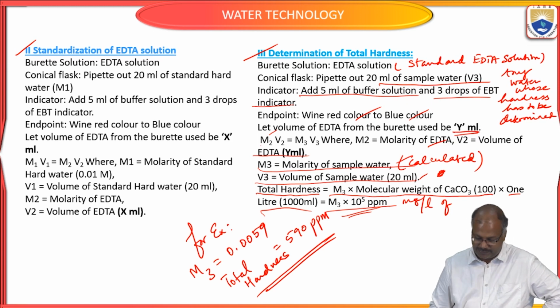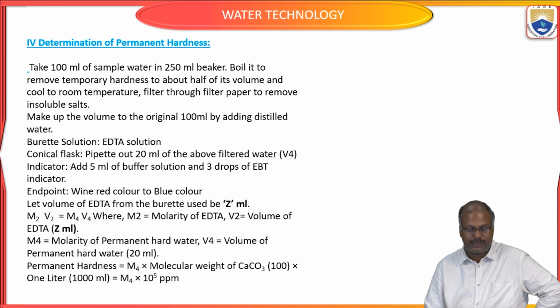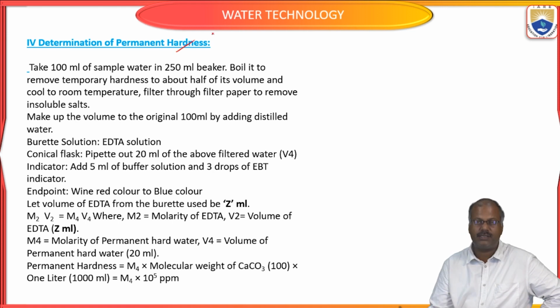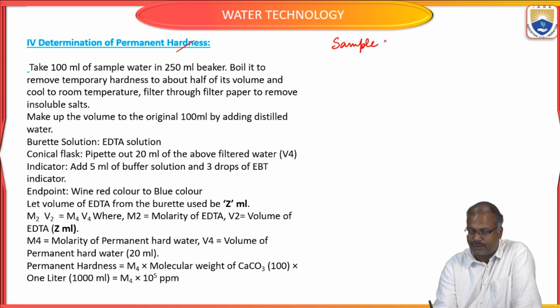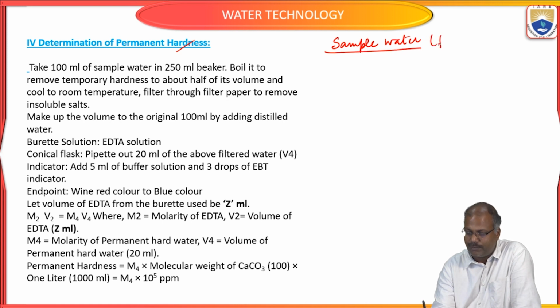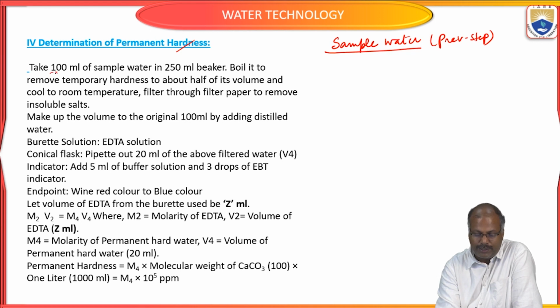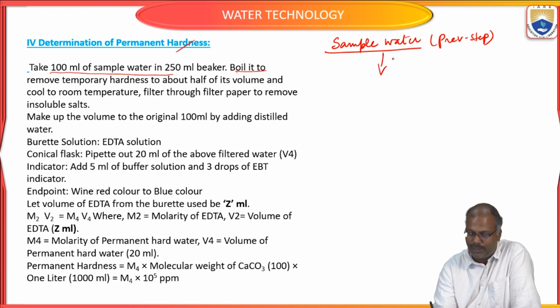Okay, let's have this here. Next step, determination of permanent hardness. So what is permanent hardness? For example, the sample water which we used in the previous step, take 100 mL of sample water, boil it, cool, and then filter.